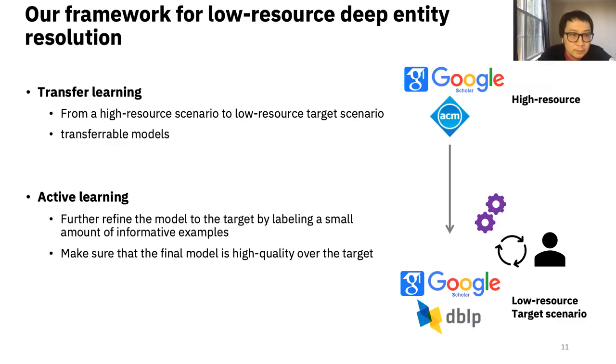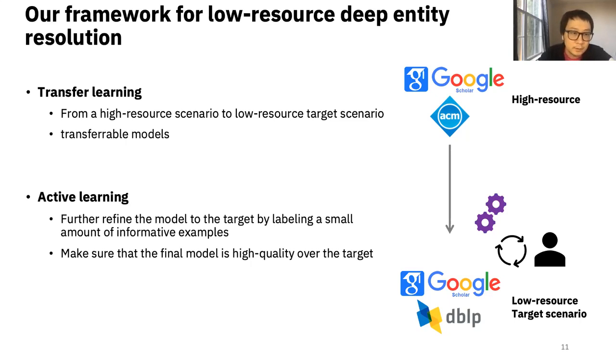And for active learning, once you have the transferred model, you can either directly use it to make predictions, or you can further refine it using examples carefully selected from the target scenario, and ask the user to label them, to help the transferred model further adapt to the target scenario, right?